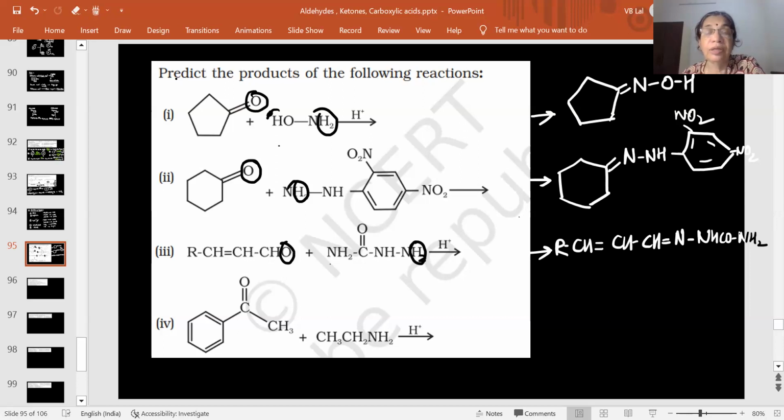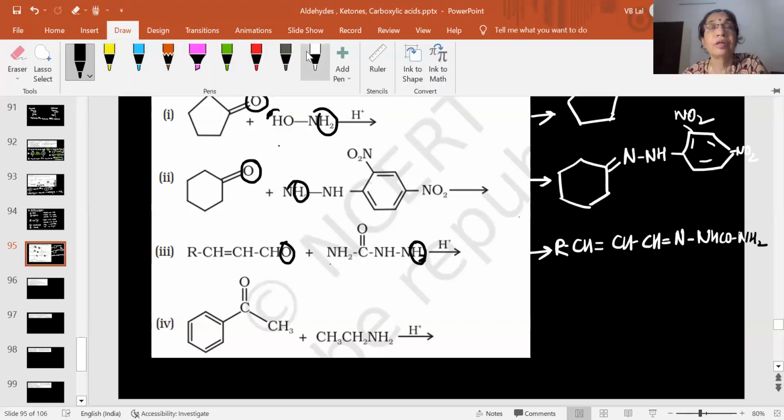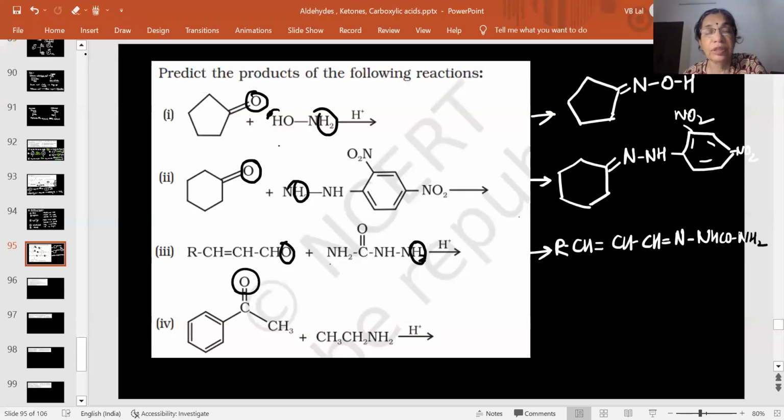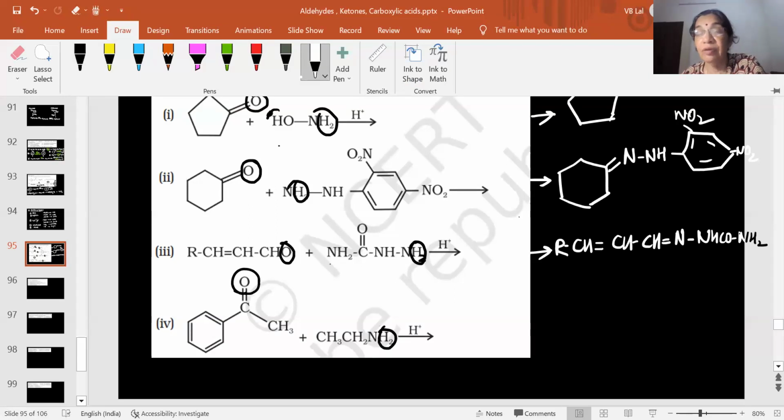Now the last one is a reaction of ammonia and a primary amine. How are you going to write? Everywhere you have to remove water carefully. So how will I remove water? Here, O is here and H is here. So if I remove water, what will I get? These are all questions that I have not created.